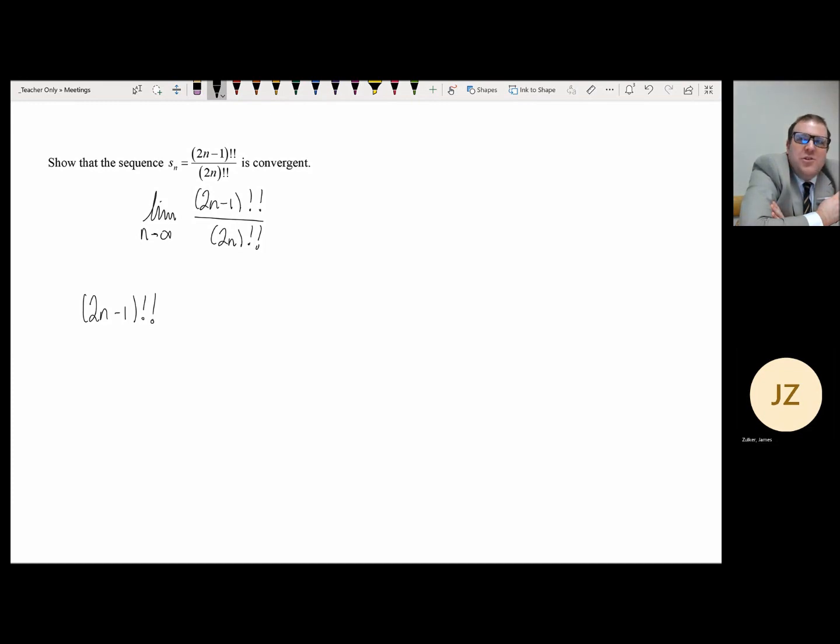Who's familiar with factorial? Right, what would factorial be? If your number's n, it's n times n minus one, etc. until one. Right? It's the product of those n integers.